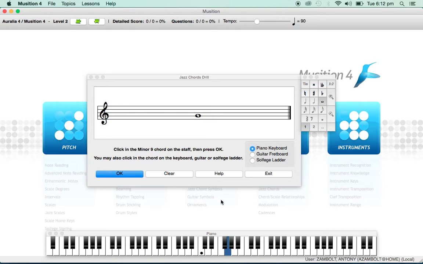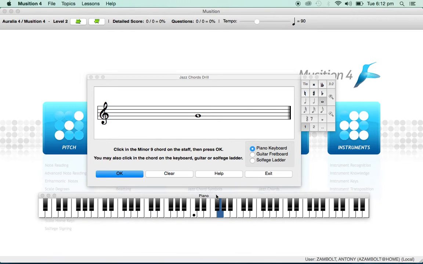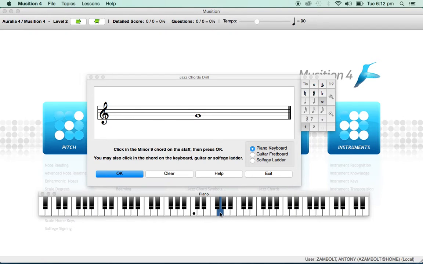How do we know what a minor triad is? I would use the keyboard for this question, but you don't have to. We worked out that a minor triad means that we're going to go up 3 semitones. There we go, we'll click on that note. Up 4 semitones: 1, 2, 3, 4. There we go. So there's my minor triad.